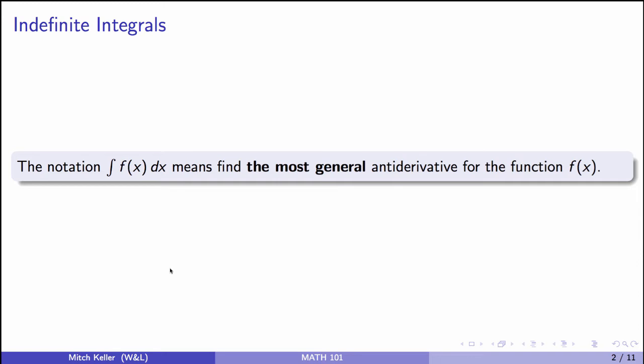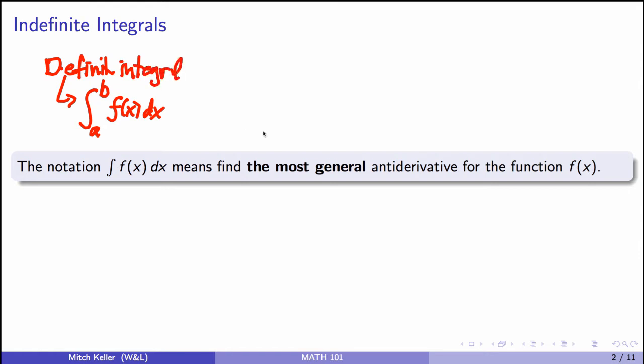First, I want to talk about a new piece of notation that this section introduces, and that's the idea of an indefinite integral. Previously we've been looking at definite integrals, and they look like this. This was a definite integral, and this results in a number.